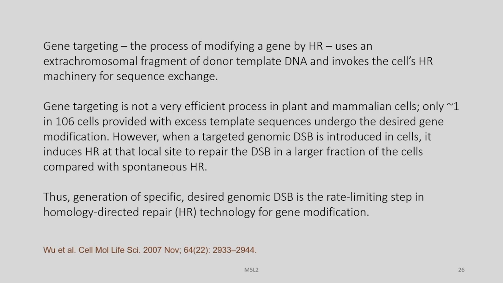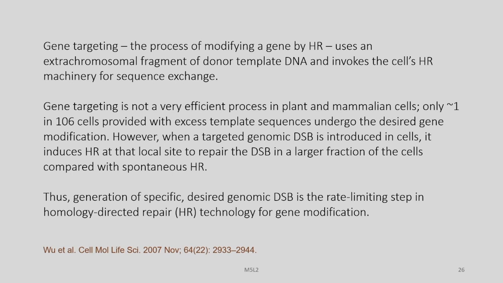Only 1 in 10^6 cells provided with excess template sequences undergo the desired gene modification. However, when a targeted genomic DSB is introduced in cells, it induces homologous recombination at that local site to repair the DSB in a larger fraction of the cells compared with spontaneous homologous recombination.